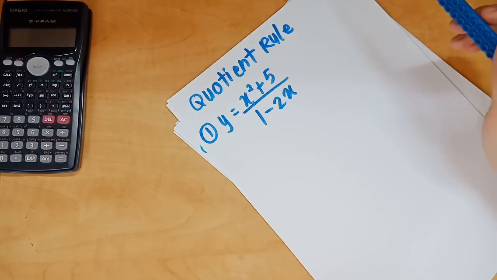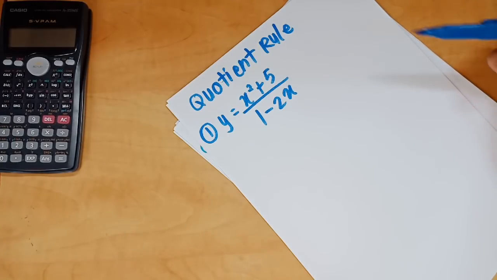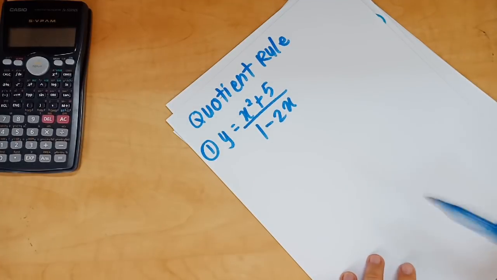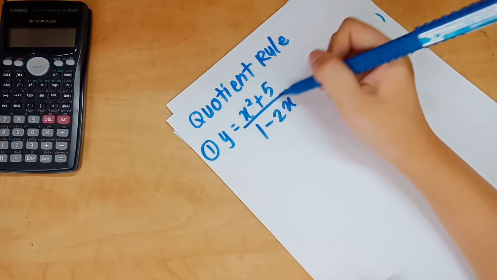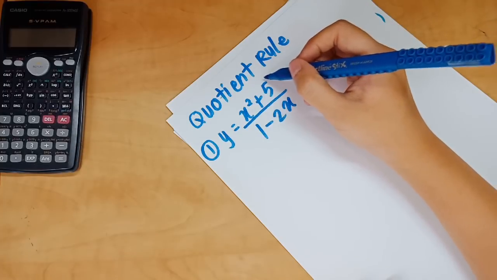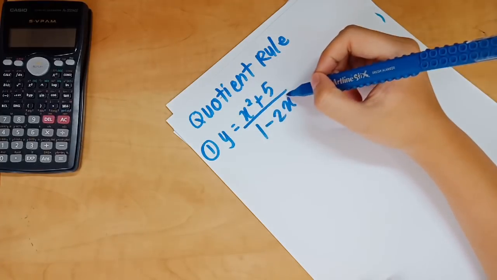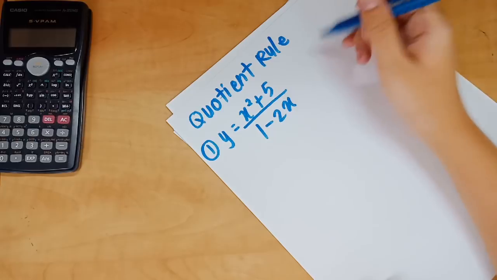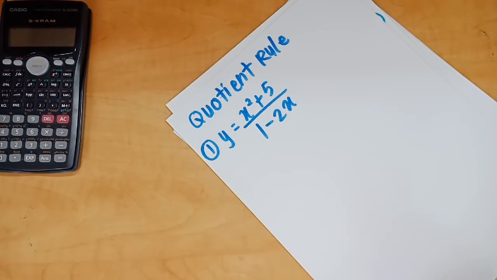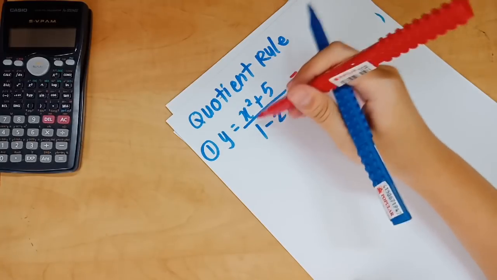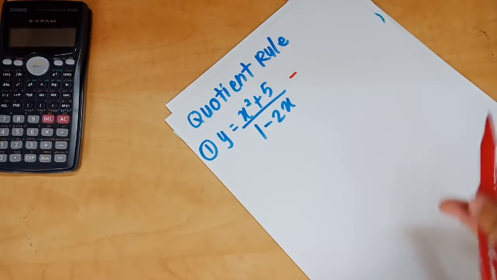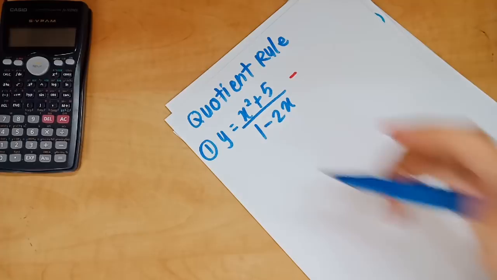I believe it's like v du dx minus u dv dx over v squared, but you don't need to remember that formula. What you need to remember is you need to differentiate the top part first. Okay, you need to differentiate the top part of this division first, and you have to minus, because for product rule it's addition, but now you have to minus and differentiate the bottom part and over everything square. I'll just show you.